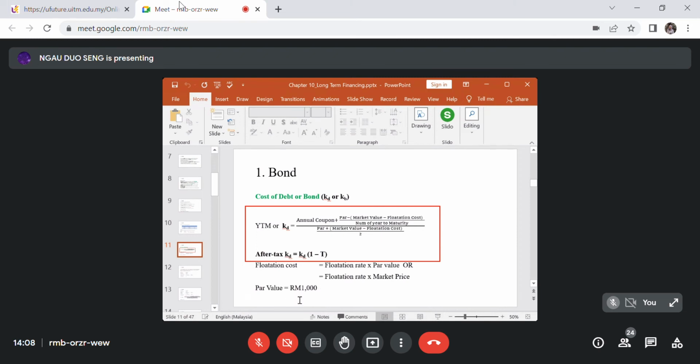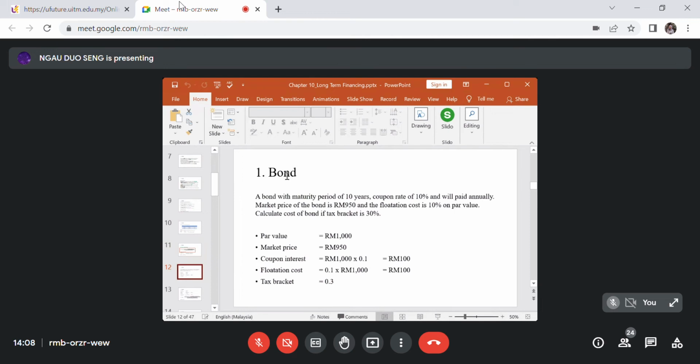It's not mentioned. So let's check an example. Here we have a bond with a maturity period of 10 years, a coupon rate of 10% paid annually. The market price of the bond is 950 and the flotation cost is 10% on par value, so we use par value.